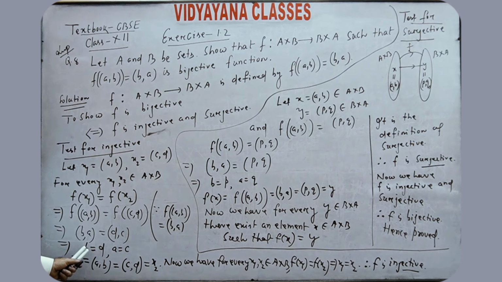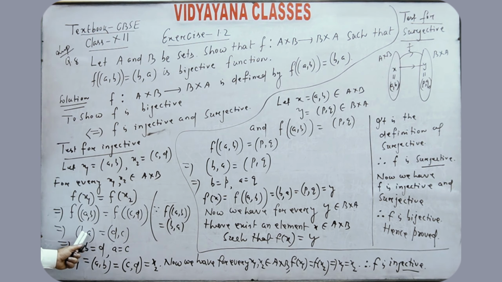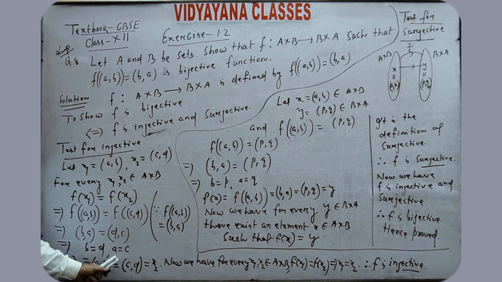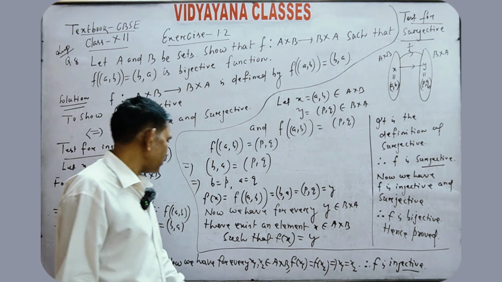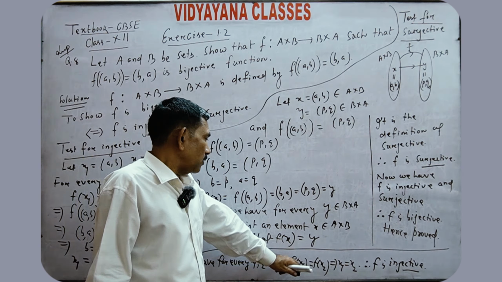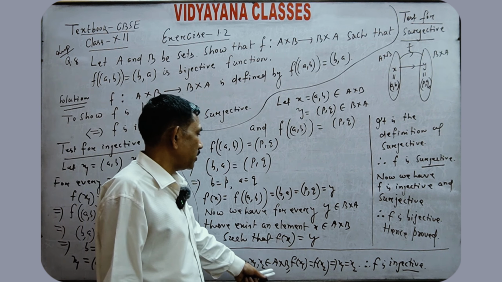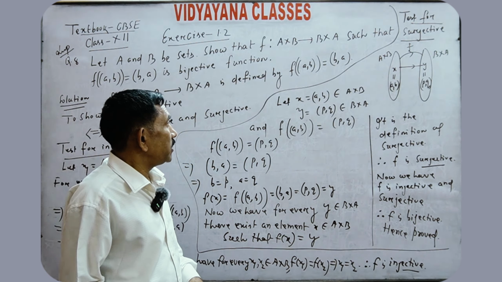Coordinate points are equal if their respective x coordinate and y coordinate are equal. So B is equal to D and A is equal to C. So x1 is AB ordered pair, which equals CD ordered pair, which is x2. Now fx1 equal to fx2 implies x1 is equal to x2. It is the definition of injective, so F is injective.